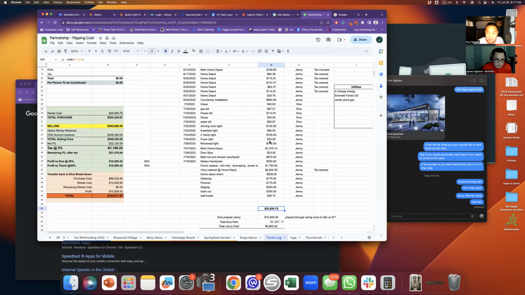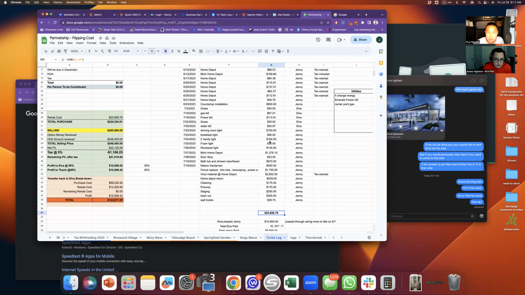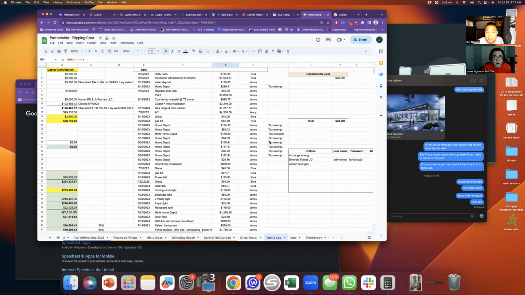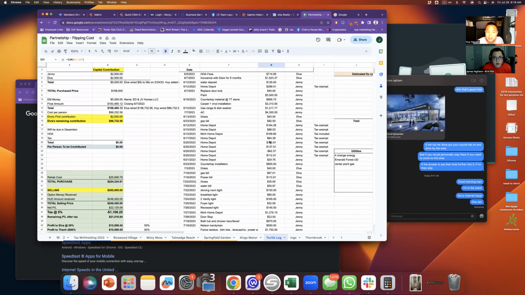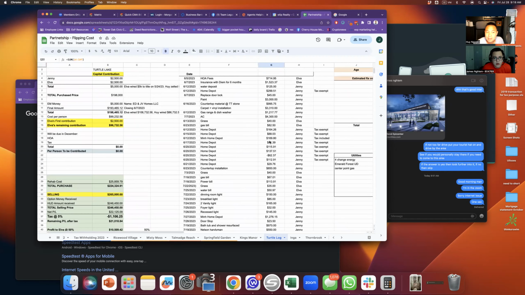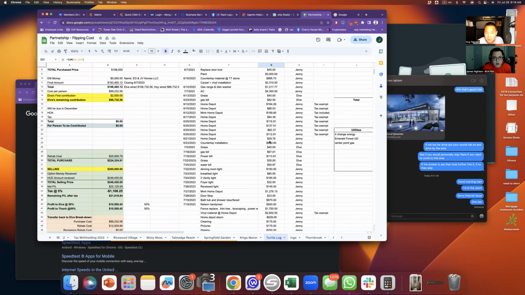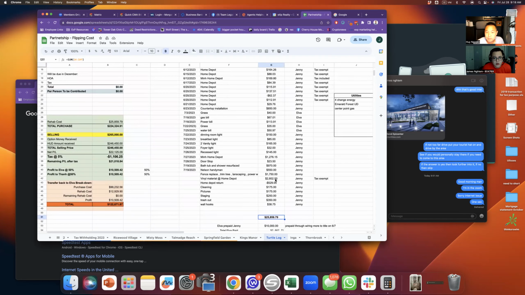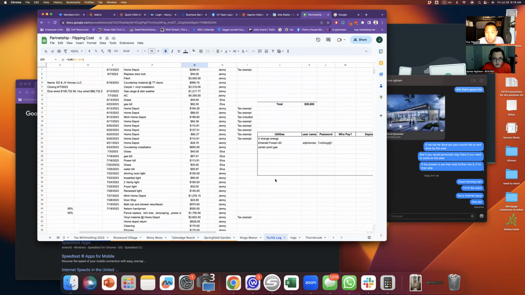You can get your contractor to walk it with you. For me, Jenny is the GC, so she walked the house and gave an estimate of 20, and it went over by $6,000.